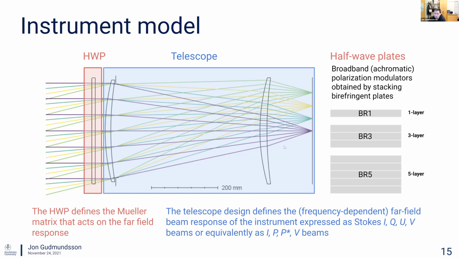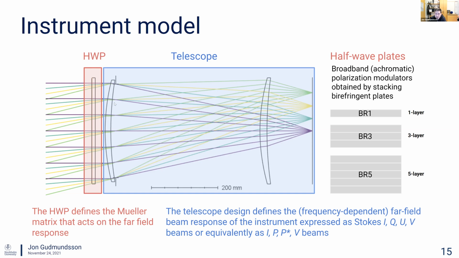And the Mueller matrices that are used to describe the impact that a half-wave plate would have on plane waves are not necessarily ideal for this particular situation, because if you think about things in the time reverse sense, there are electromagnetic fields going from the focal plane through the lenses and outwards.